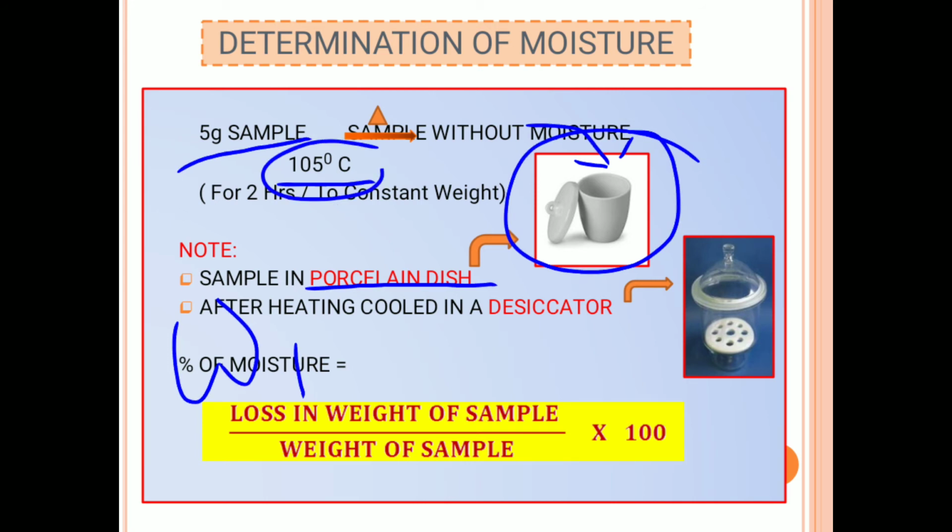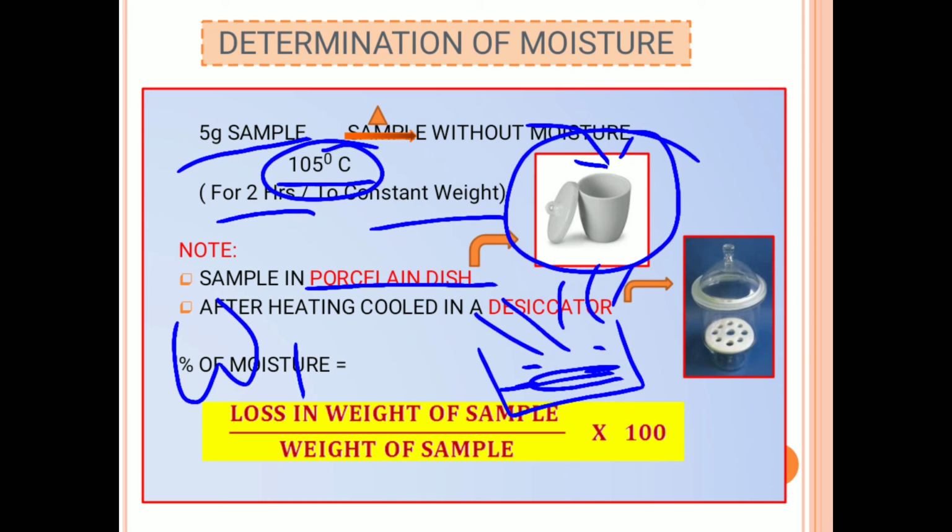As we are using 105 degrees Celsius and heat for 2 hours or to constant weight is obtained, the entire moisture content which is present in the ore will be evaporated out. Hence, the weight of the substance will be decreased.